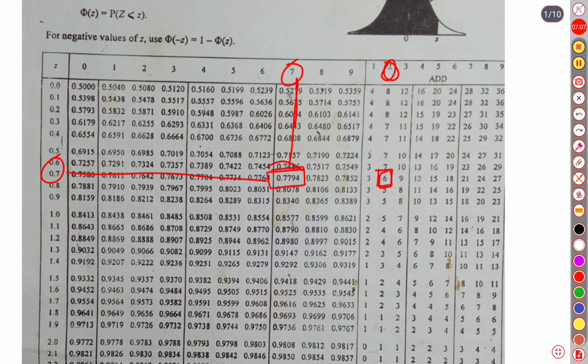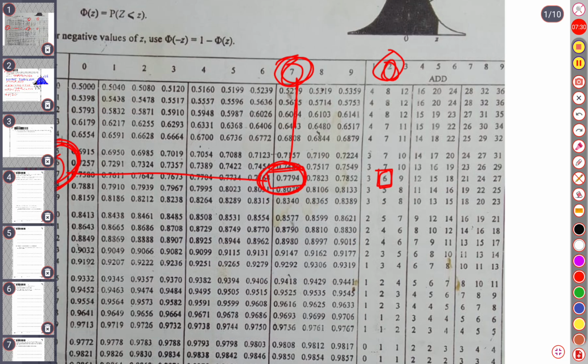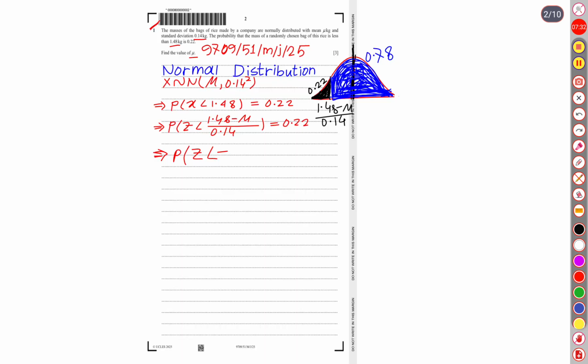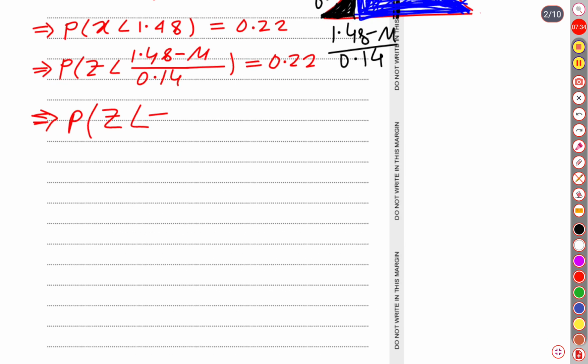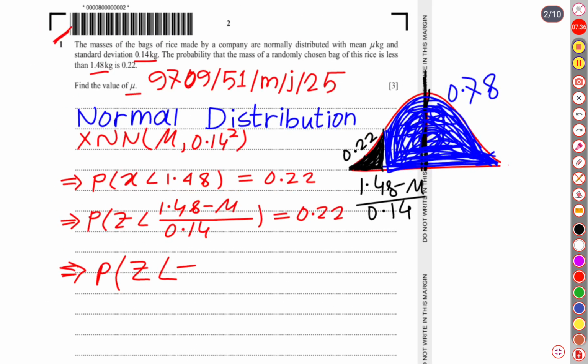If we don't find the exact probability we require, then we will add up the third column. Hence we have got 0.7794 plus 6, actually 0.7800. So this is our corresponding z-score, 0.77 and 2. So let it be written 0.772.